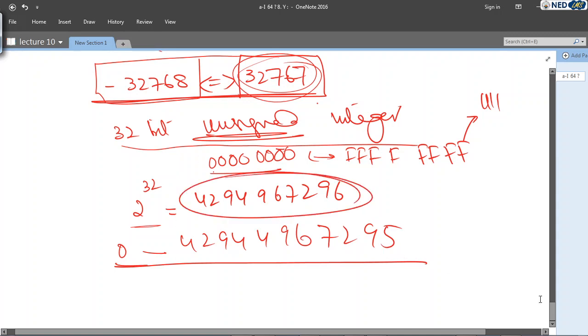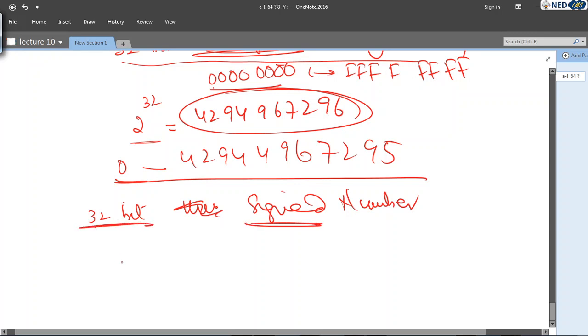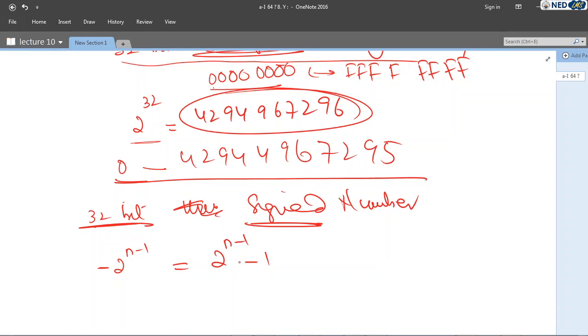But if we had a 32-bit signed number, it will go from minus 2 to the power n minus 1 to 2 to the power n minus 1, minus 1, because we are counting from all the way to negative, and we are counting 0 as well as going to positive numbers, and the positive maximum, as we have seen in the pattern, is one less than the maximum possible negative number if we compare the magnitude only.